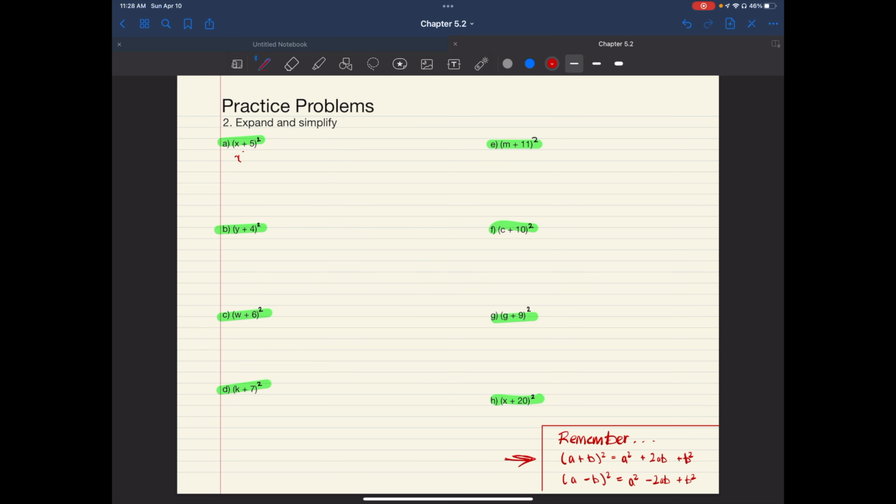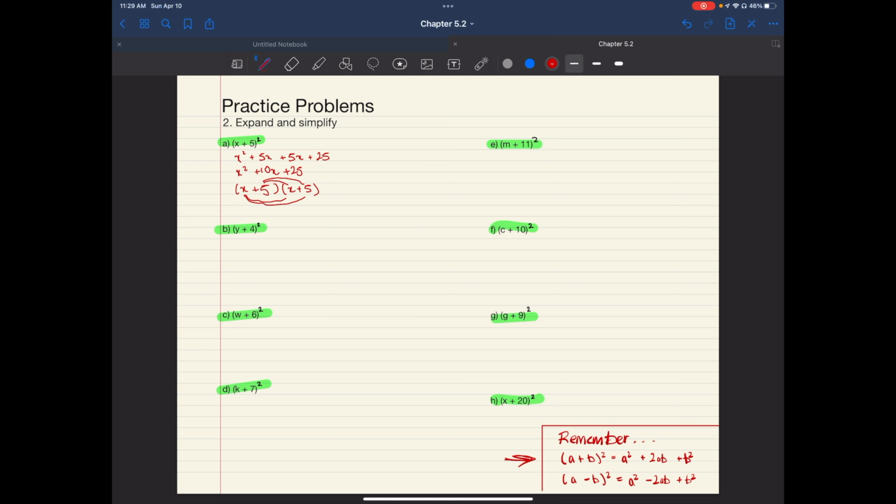So we know we're going to get x squared plus 5x plus 5x plus 25, x squared plus 10x plus 25. Now, how we got that was writing it out like this, we draw our arrows, x squared plus 5x plus 5x plus 25.